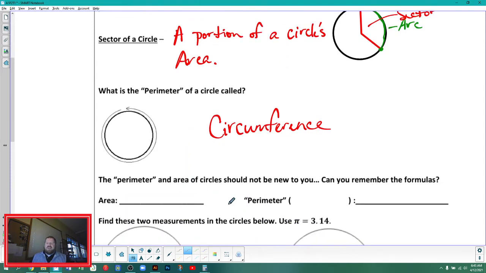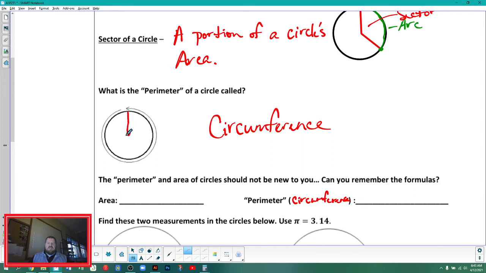The perimeter and area of circles should not be new to you, but I do want to think about their formulas. So again, this is circumference. Again, I was trying to dodge it so that I didn't give the answer away. But what is the area formula for a circle? So some important pieces of a circle that we've already talked about.